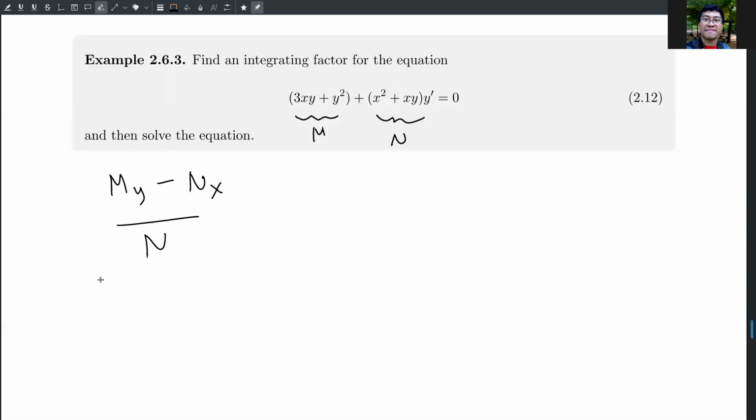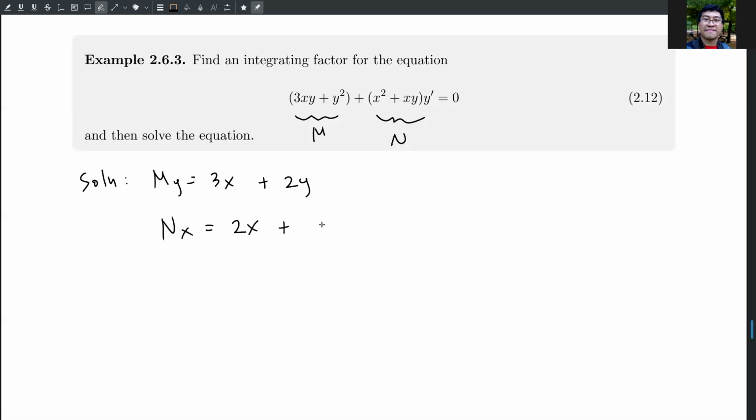If you solve here for M sub y, let me start with writing M sub y and then N sub x. M sub y is written as 3x plus 2y, and N sub x is 2x plus y.